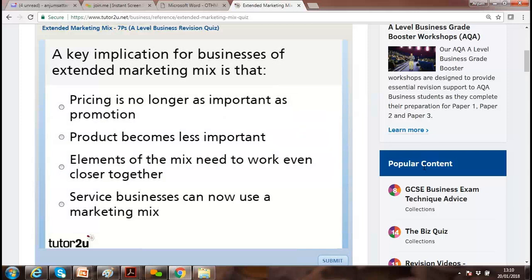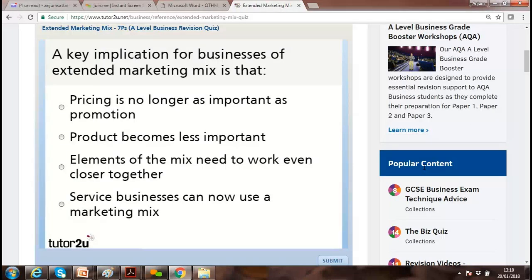Okay. Key implications for businesses of the extended marketing mix are that pricing is no longer as important as promotion; product becomes less important; elements of the marketing mix need to work even closer together; and the service business can now use the marketing mix.